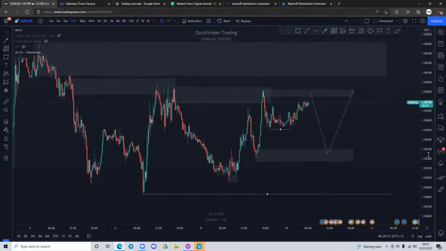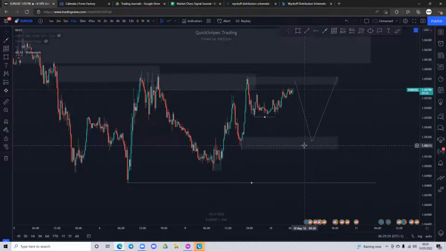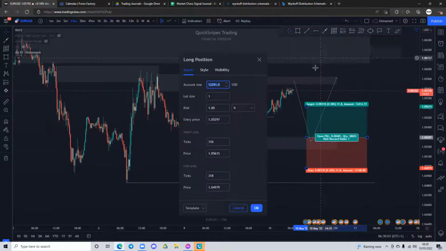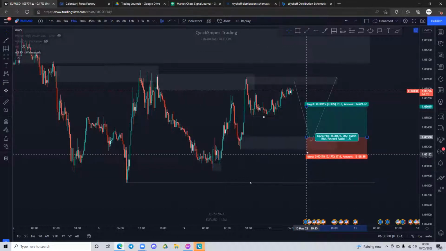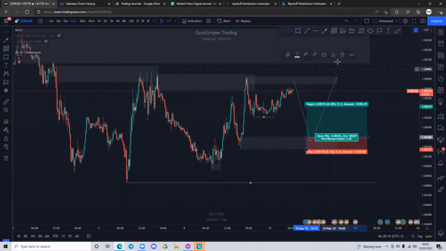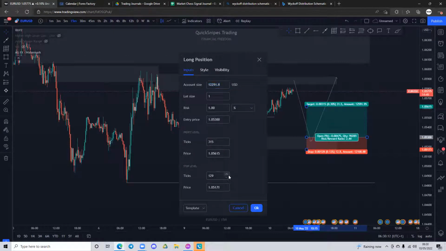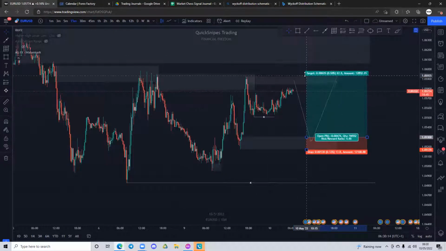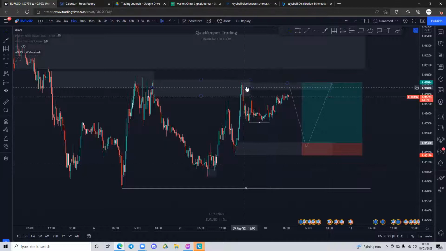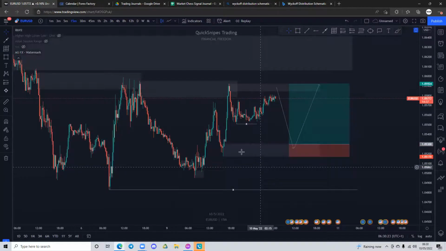So we could, if we were entering directly off the 15-minute, which we should never do, we could be looking at a trade that looks somewhat along the lines of this. Target a new low, essentially. New high, sorry. As this is a weak high because it didn't form a new low.